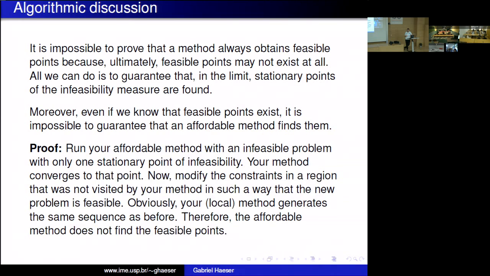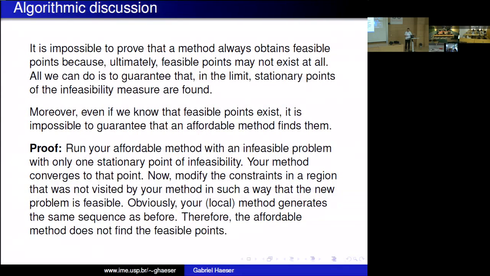But in an affordable algorithm, you can't look for the global solution. So what you will be able to prove is that the limit points are stationary points for this problem of minimizing the infeasibility. Okay, so assume you have a problem with only one stationary point for the infeasibility measure. Your affordable algorithm will converge to this point.